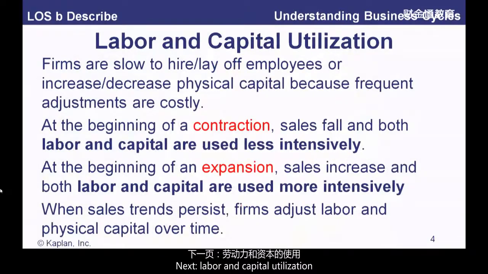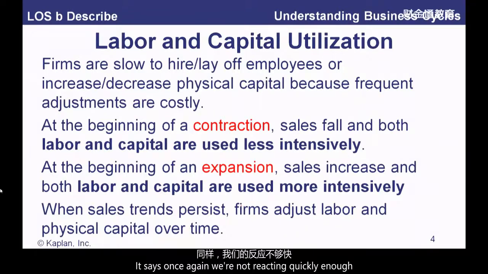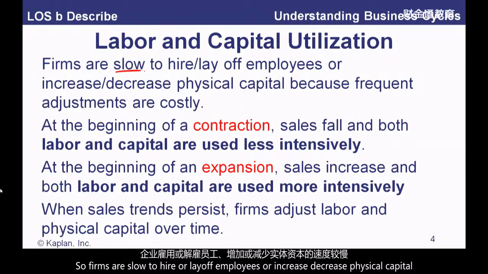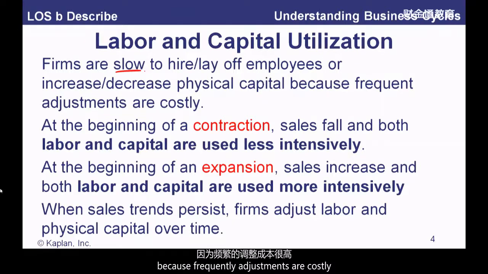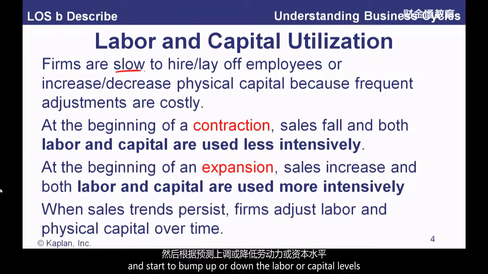Next up, labor and capital utilization. Exactly the same point on this slide, which I think makes it fairly straightforward to remember. It says once again, we're not reacting quickly enough. So firms are slow to hire or lay off employees or decrease physical capital because frequent adjustments are costly. You can't every single day anticipate where the economy might be going and start to bump up or down your labor or capital levels.